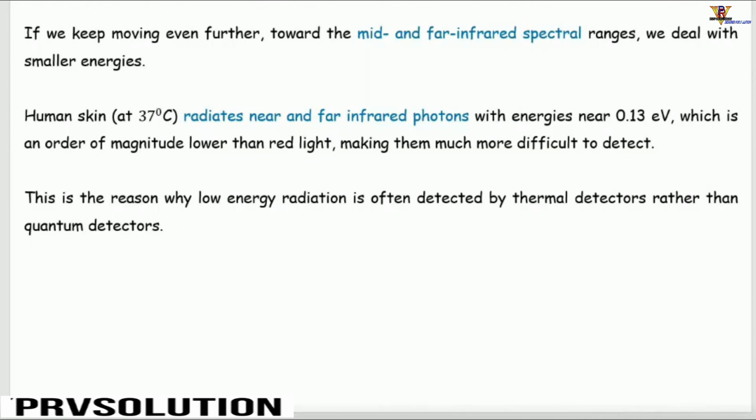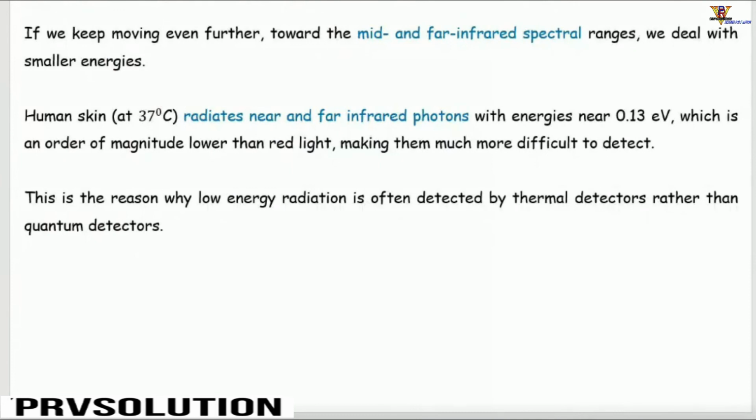Means that energy we cannot easily detect. But if we can detect, we can measure several stimuli related to this human body. Okay. So this is the reason why low energy radiation is often detected by thermal detectors rather than quantum detectors.